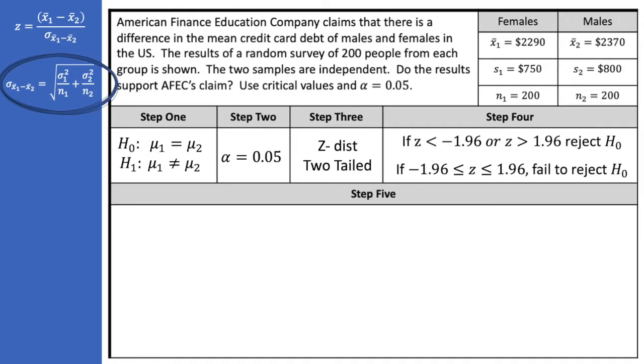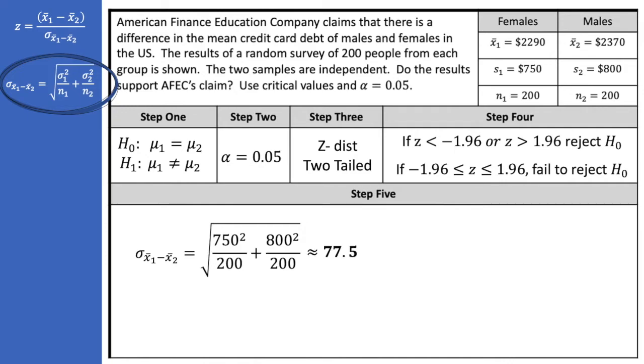Now we'll start doing our calculations with the denominator of our formula. So under the square root sign, we've got the standard deviation of the females squared divided by the sample size plus the standard deviation of the males squared divided by the sample size. Add them together, take the square root, and we get 77.5. That is now the denominator of our main formula.